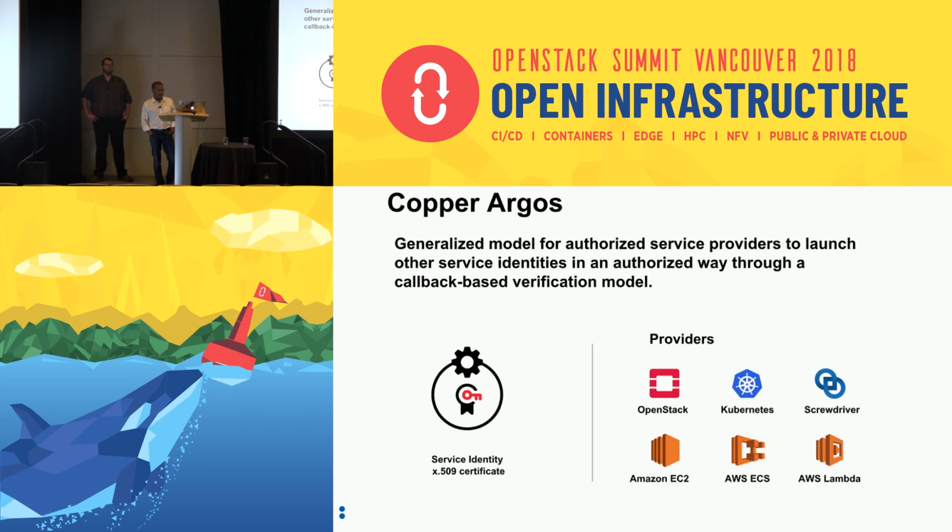Initially, we started having all this logic in Athenz itself. Soon we realized that Athenz is an open source system, and we can't keep adding different providers' logic within Athenz. So we needed to come up with a more generalized way to authenticate the service. So we came up with a solution within Athenz called Copper Argos.